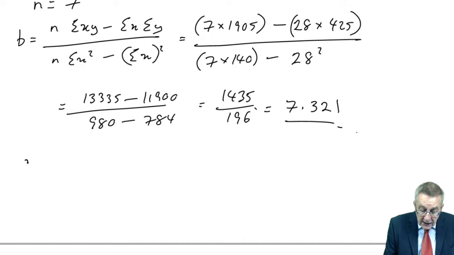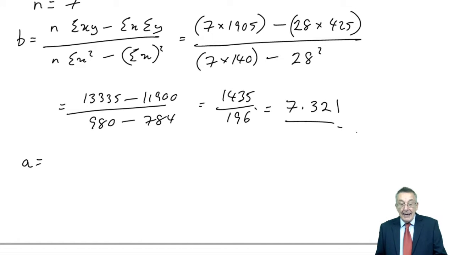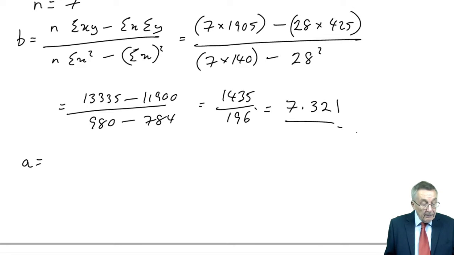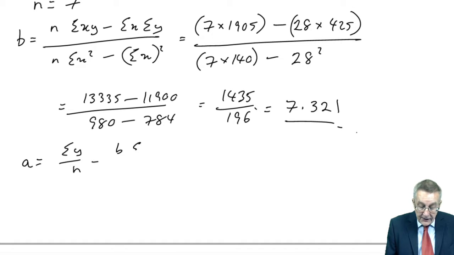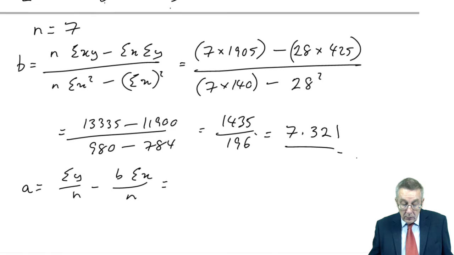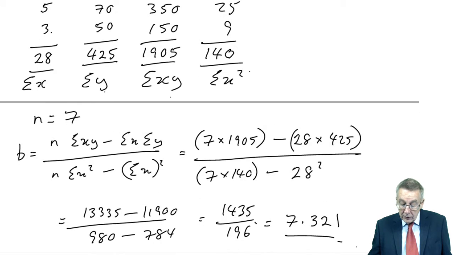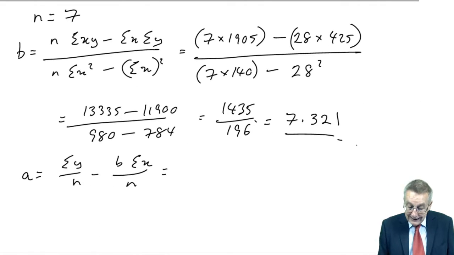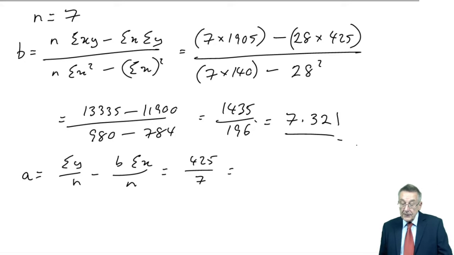Having got B, we can now calculate A using the other formula. So A is sigma y over n minus B sigma x over n. Sigma y was 425. N is 7, the number of sets of observations.